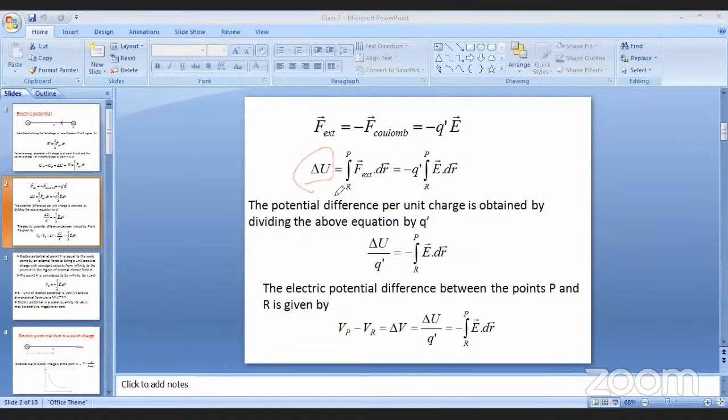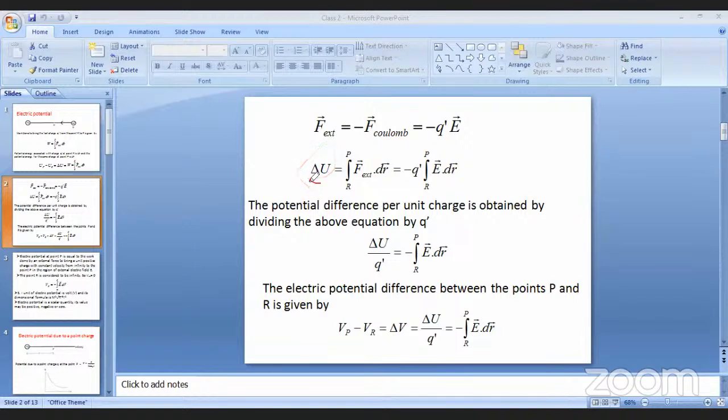Now what is the difference in potential energy? This is the difference in potential energy that is represented by capital U. Now what is the potential difference per unit charge? So you have to note these terms carefully. This is the potential difference, and what we have discussed till now is the potential energy.